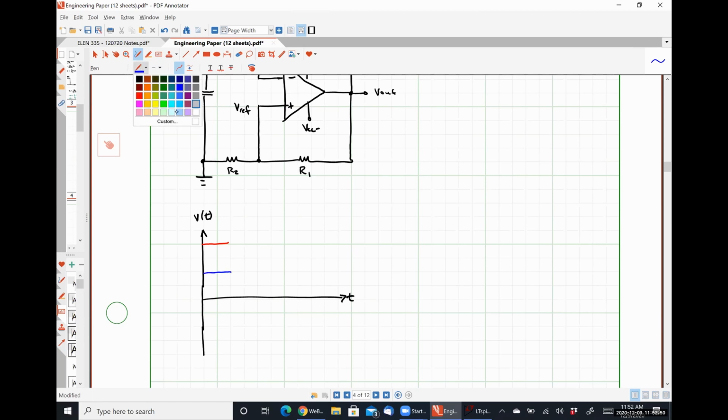And our capacitor voltage, which I will do in orange, I guess, is charging. As soon as the capacitor voltage hits the reference voltage, this thing switches, the output switches polarities, okay?